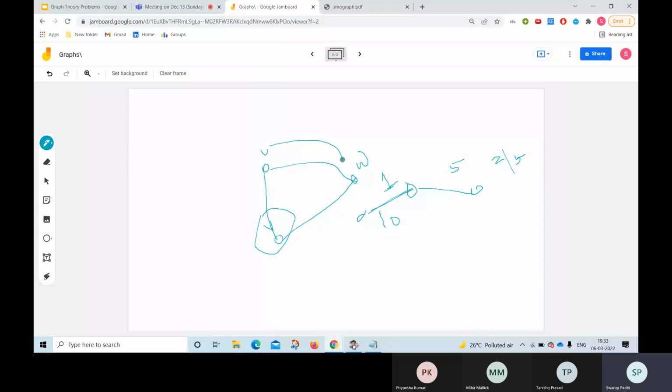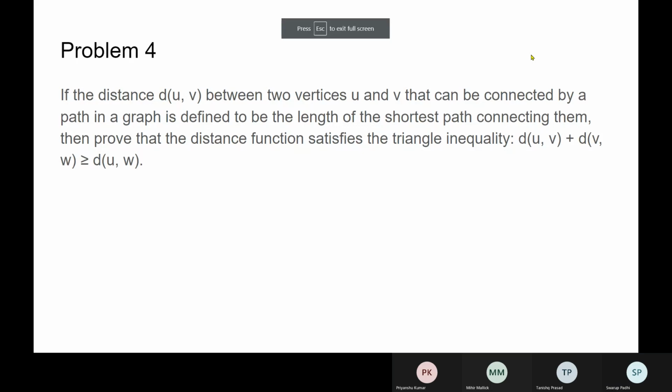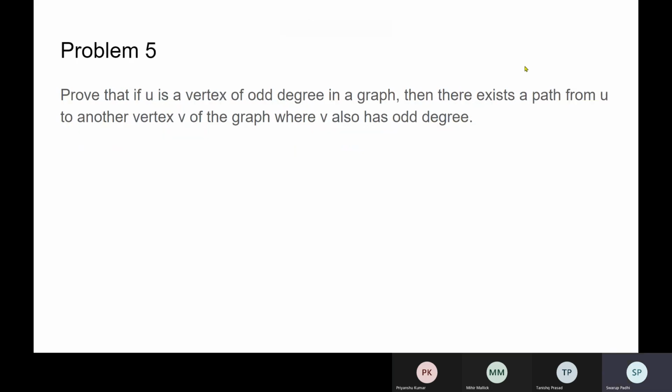There is a shorter path, that is from U to V and from V to W. So the definition fails, and therefore it has to hold that distance of U to V plus distance of V to W is greater than or equal to distance of U to W. I guess this is simple. Let's come to the next question. This is problem 5.